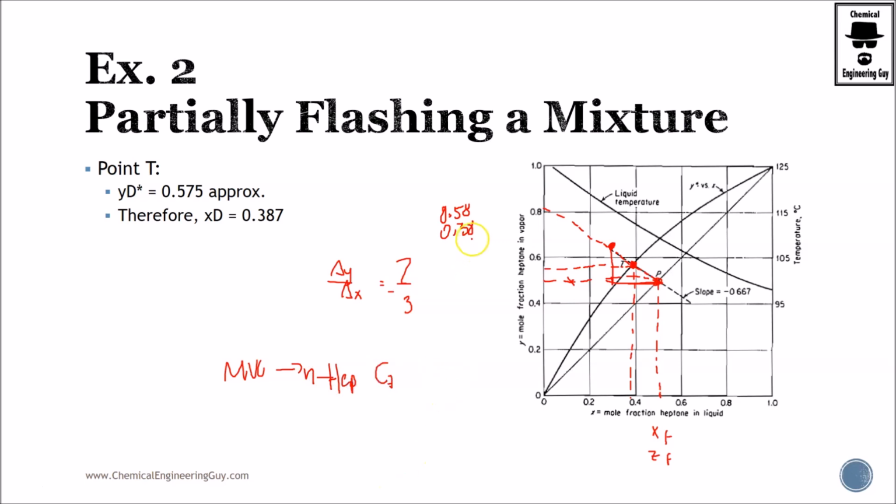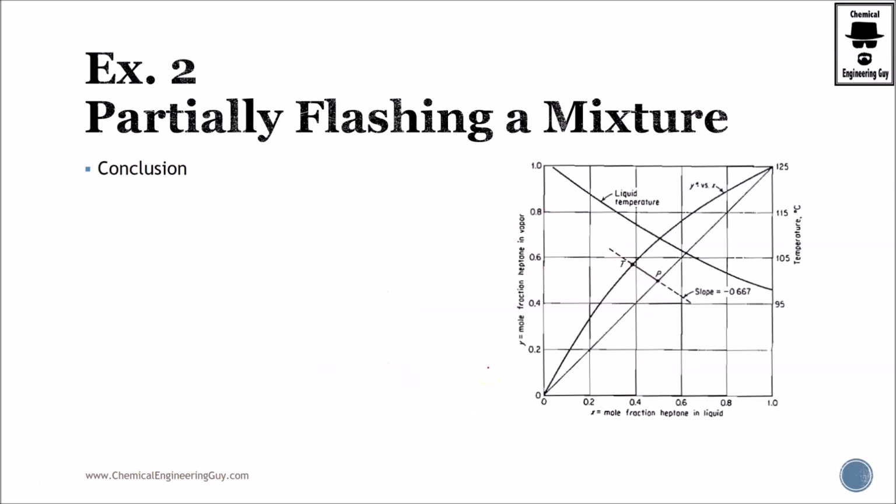Let's say this will be in the vapor phase and this will be in the liquid phase. In the vapor phase we have 0.58. Technically speaking, if you were to use numbers, you will get 0.575. And in the liquid phase, we will get 0.38. And that's our final composition.